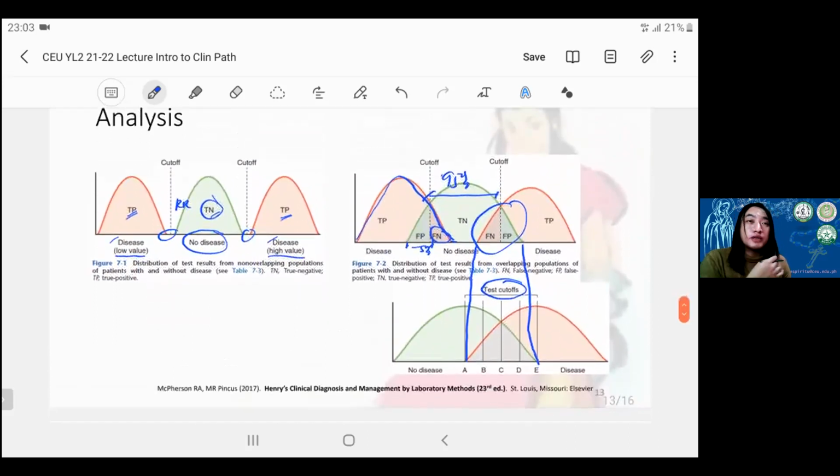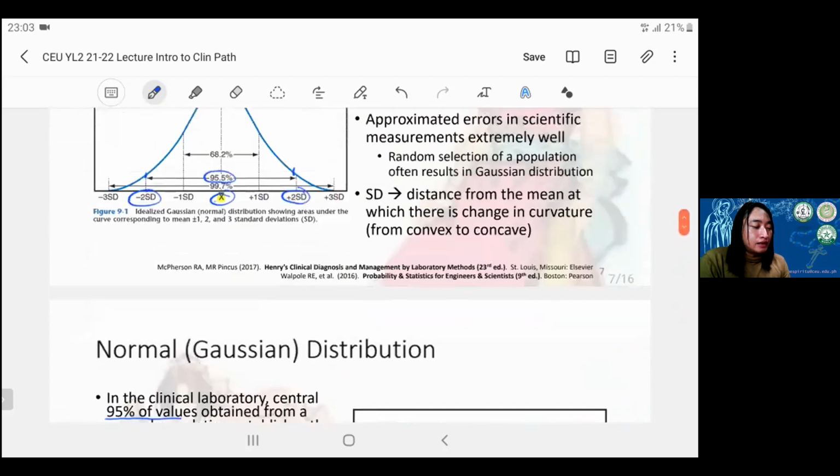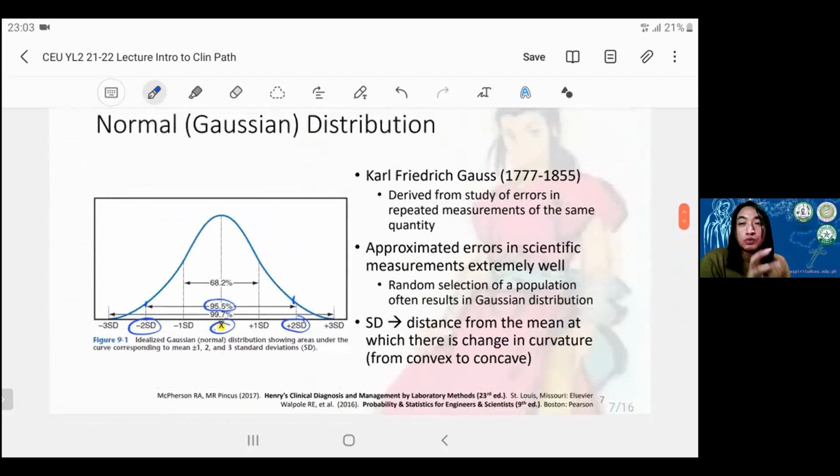Sorry, I was not able to mention this. In determining your normal values, you have to validate it using the population that is within your area. Because if you recall, these values will be affected by different environmental factors. So for example, you have a population that are closer to the bay.